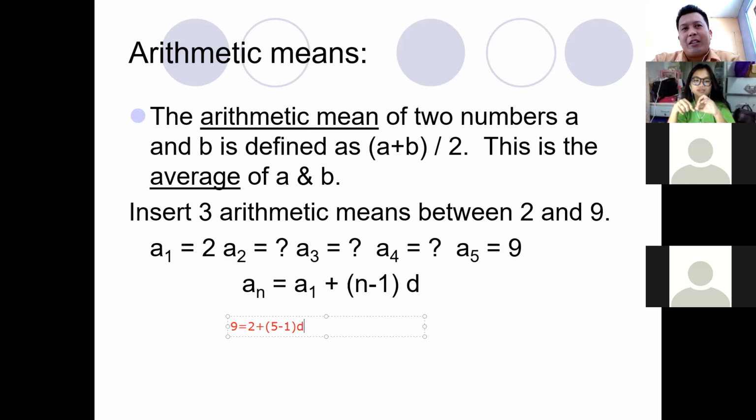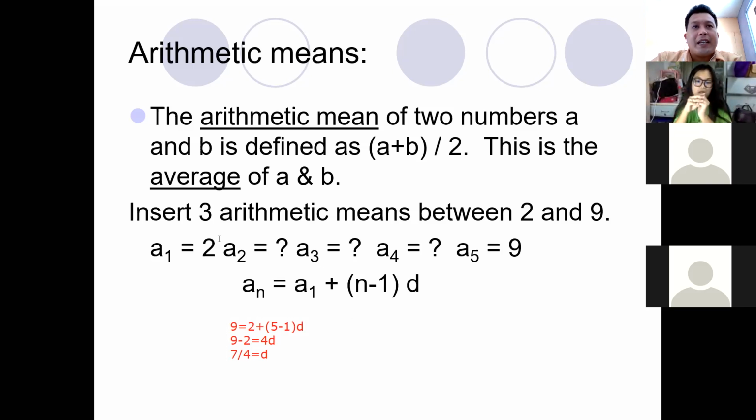So let's find the common difference. Transpose 2 to the other side: 9 minus 2 is equal to 5 minus 1, which is 4d. 9 minus 2 is 7. So 7 divided by 4 is equal to the common difference. So the common difference is 7 over 4.